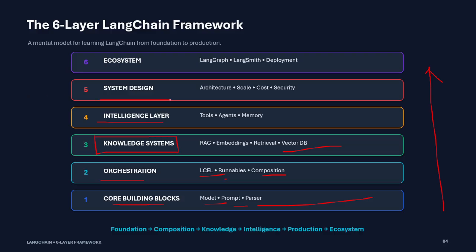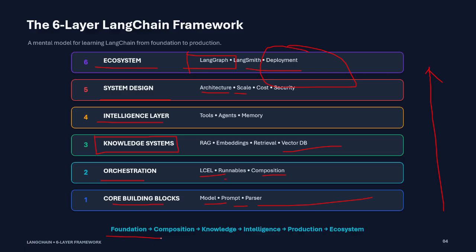System design: on this layer, we are going for architecture, scale, cost, or security. And ecosystem, the final layer, where we go for LangGraph, LangSmith, and the deployment part. How can we deploy the changes to production, and how can we create a production-based application?